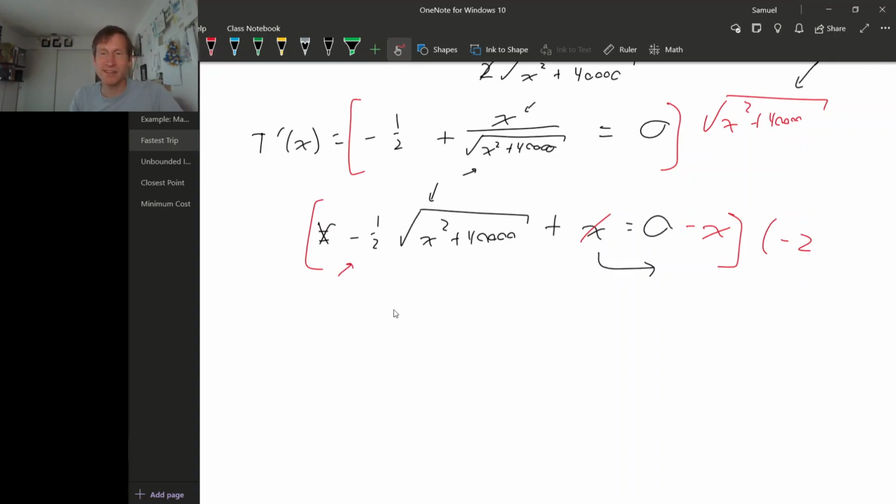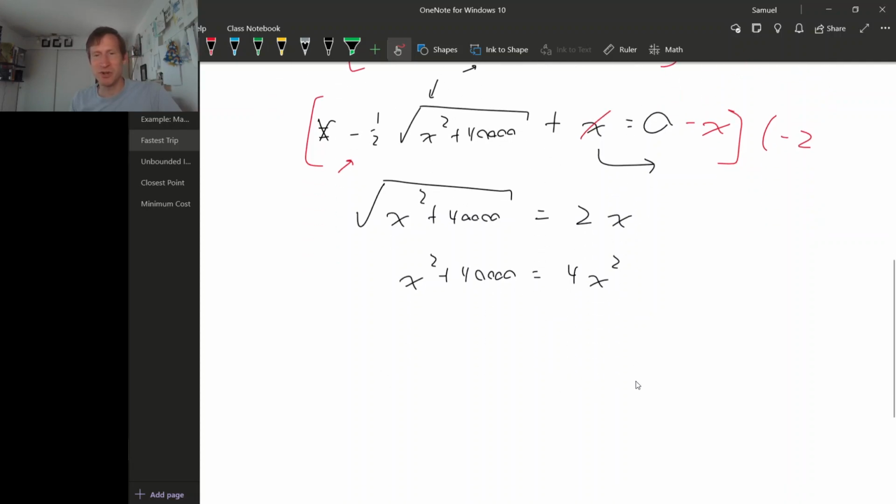So on the left-hand side, we get the square root of x squared plus 40,000. On the right-hand side, minus x times minus 2 is 2x. Okay, now we can square both sides. We get x squared plus 40,000 equals 4x squared.